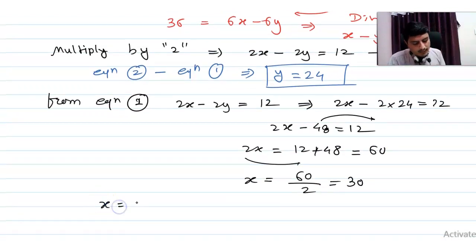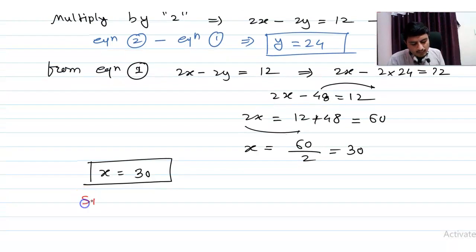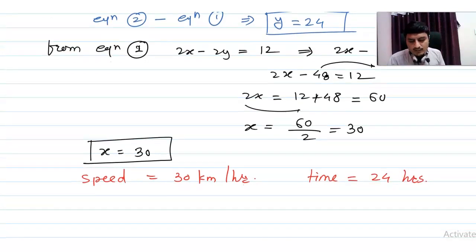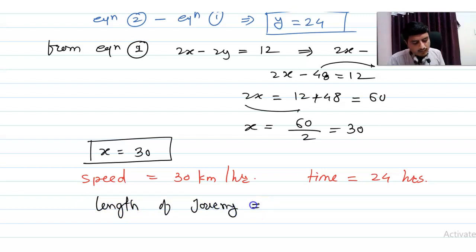So the speed of the train is 30 km per hour. At the end we write the original speed of the train, 30 km per hour, and the time to complete the journey is 24 hours. To evaluate the distance, that means the length of the journey, the distance is speed into time.